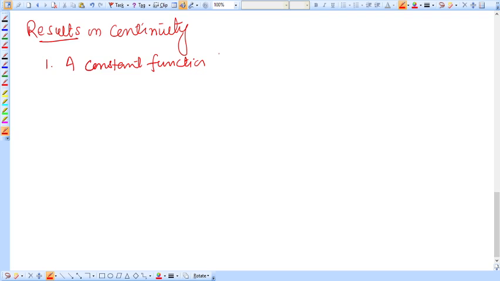A constant function is continuous everywhere.